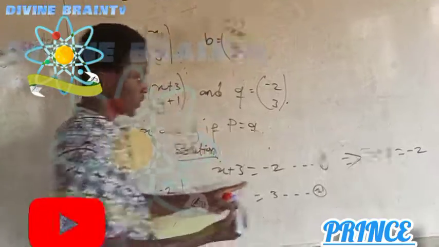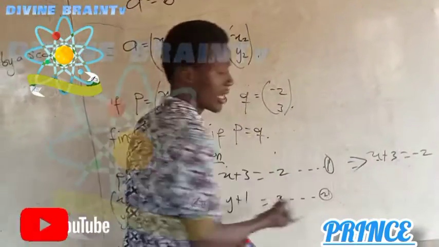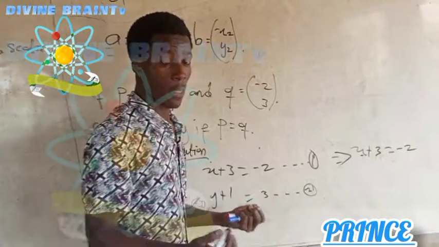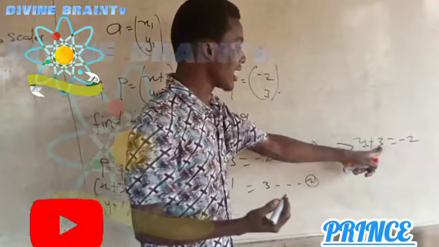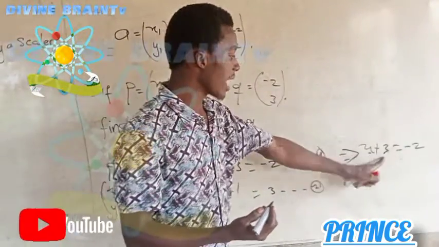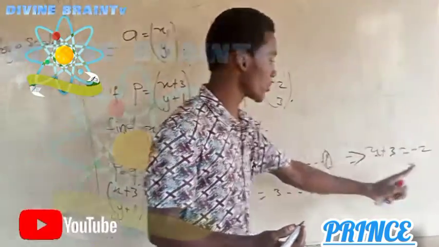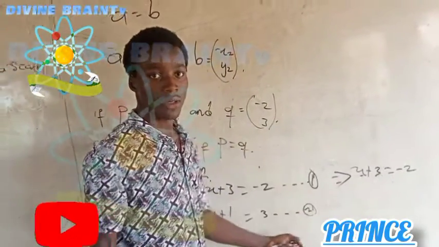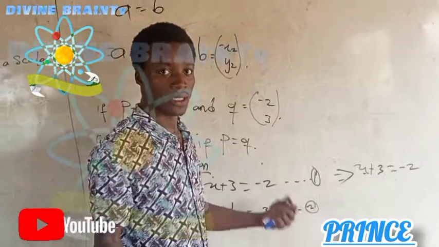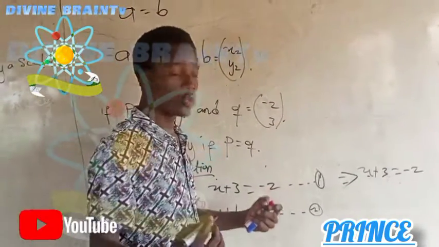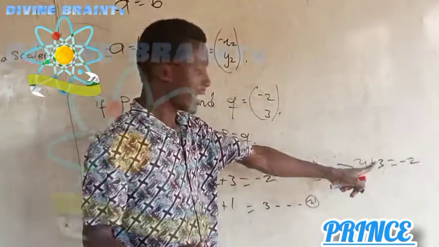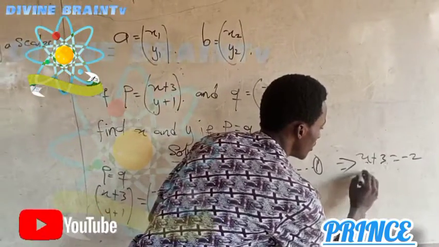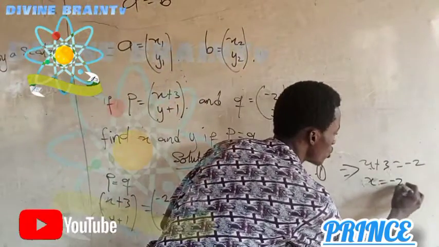This means that we can make x our subject because we are finding x. Alternatively, you can find the negative of this number and add it to both sides, so that this one becomes 0 and only x is left over there. Any way that you choose to do it is acceptable. All you need to do is make x stand on its own and get the correct figure. So x is equal to minus 2 take away 3.